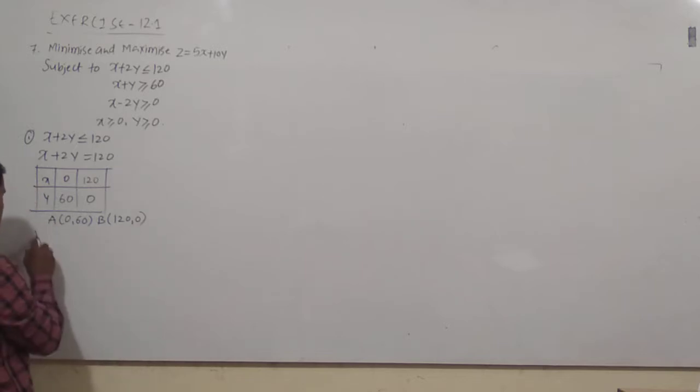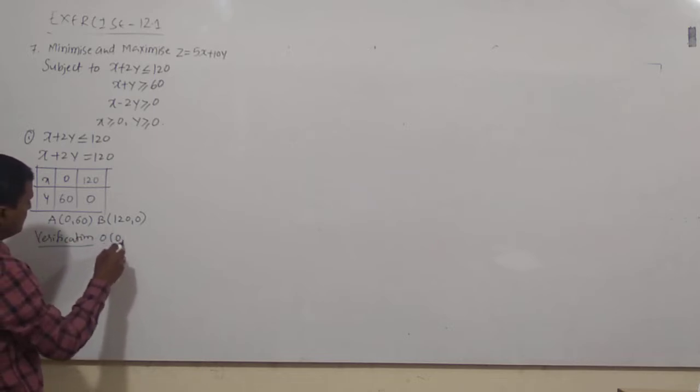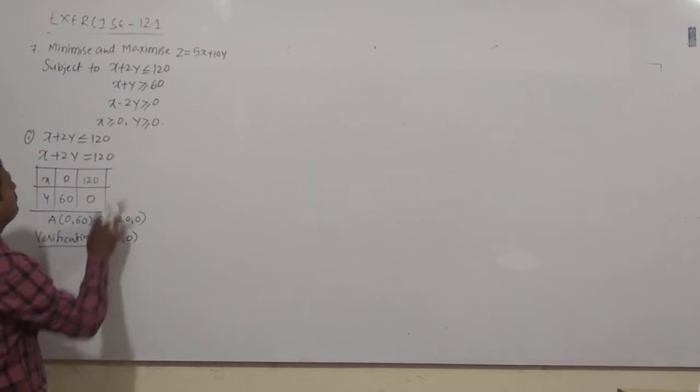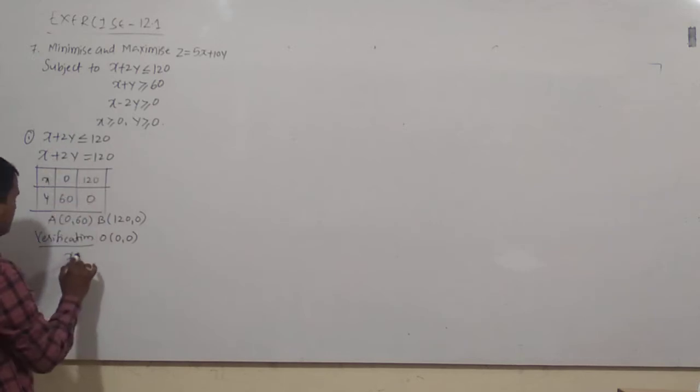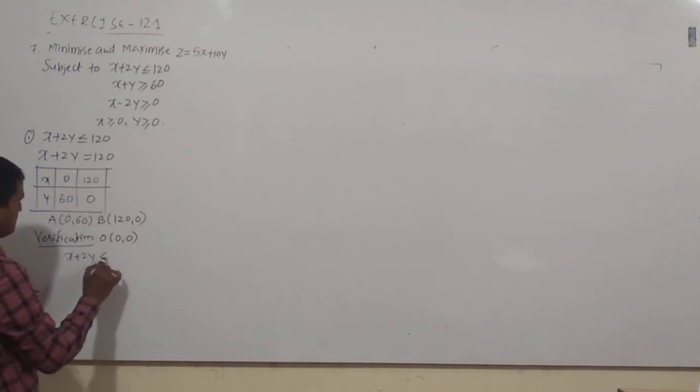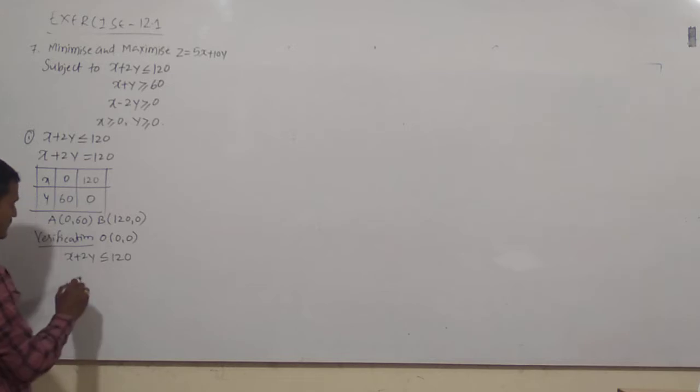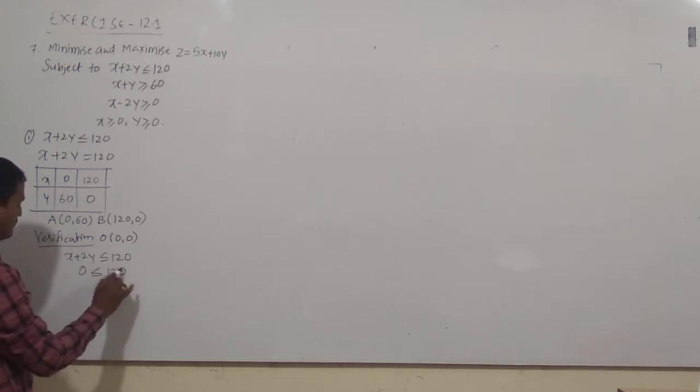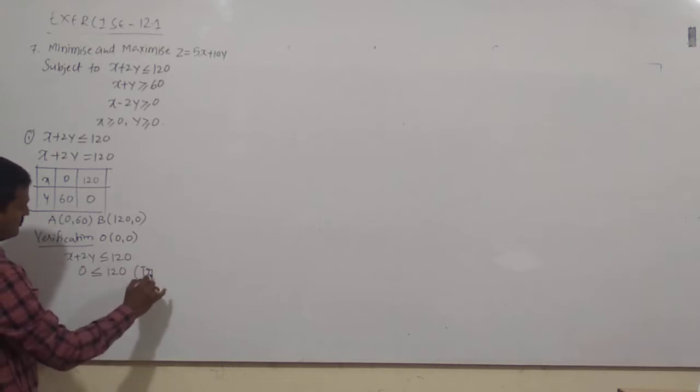Okay, again here we have to go for verification where we have to shade. So here I will take the coordinate of origin. So what is the given inequality? X plus 2y, which is less than or equal to 120. So clearly 0 is less than or equal to 120, so hence it is true.